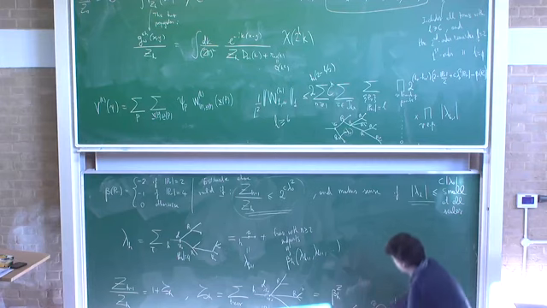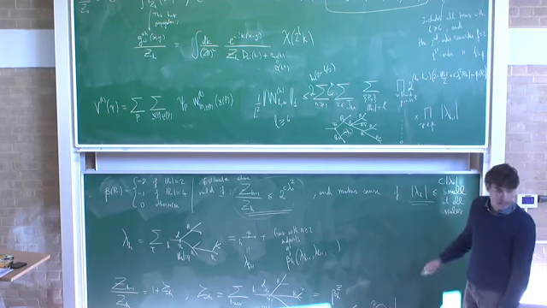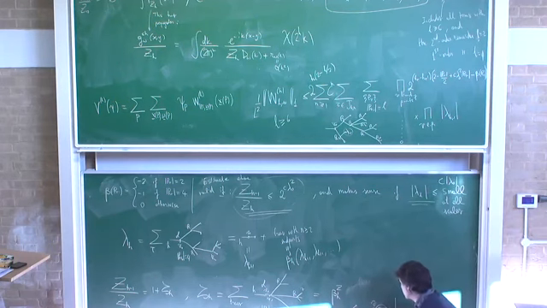You remember this is something that I mentioned on Monday. Here this is the single scale contribution. So this is a lambda h, this is a lambda h, and these are propagators on scale h. If you sit down and compute this, you get a specific constant. Okay, no, it's not exactly a constant.